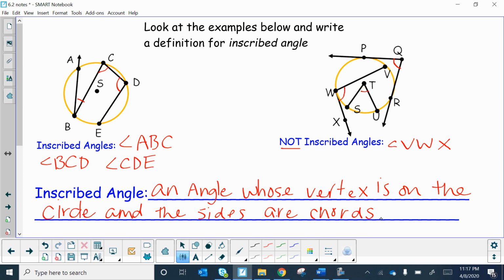We're going to keep reviewing what inscribed and central angles are, because those are going to be a big part of these next couple of lessons.